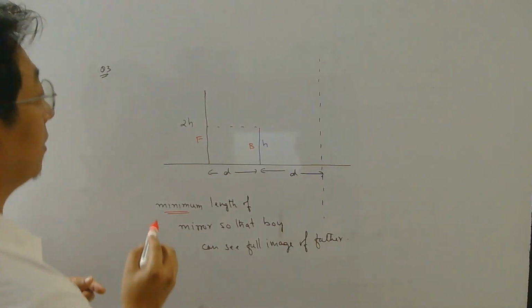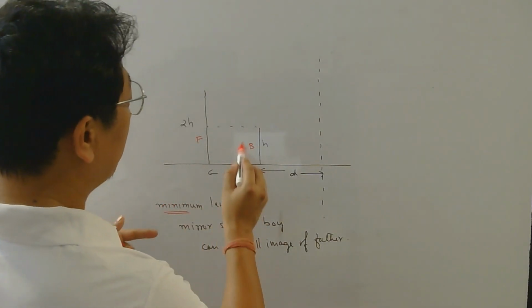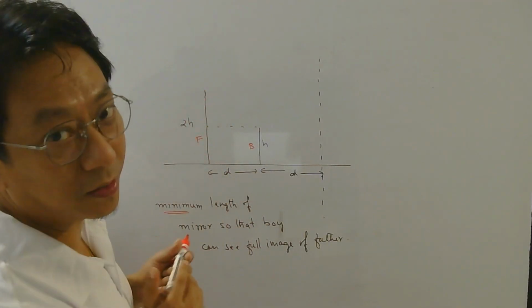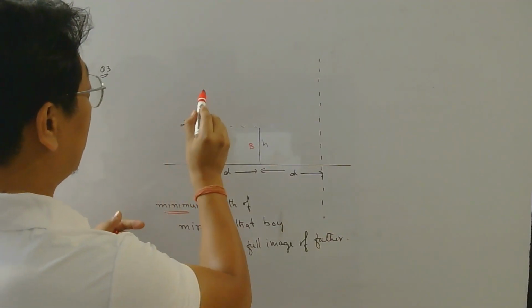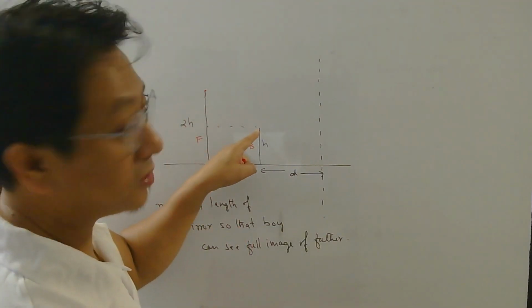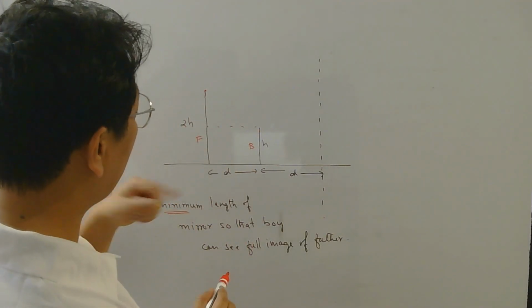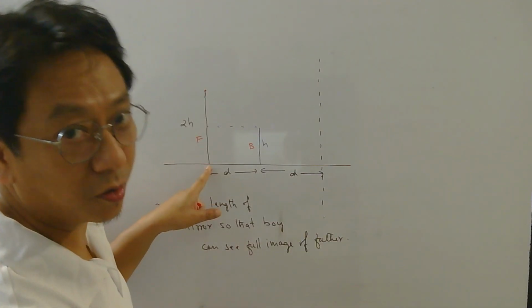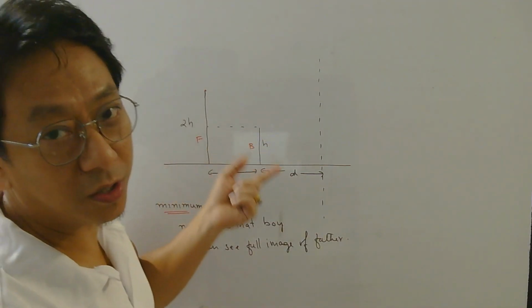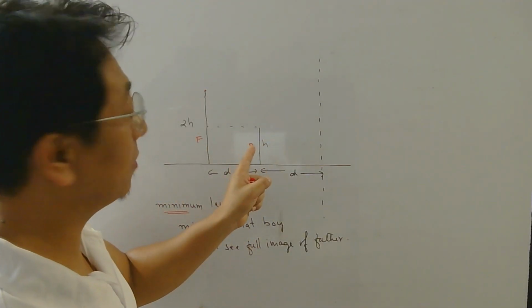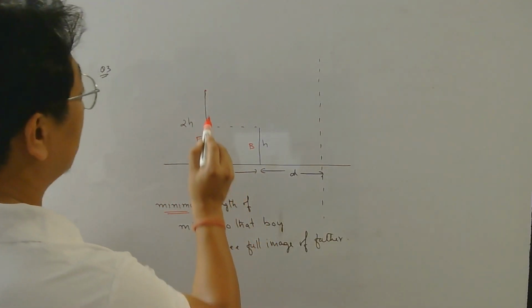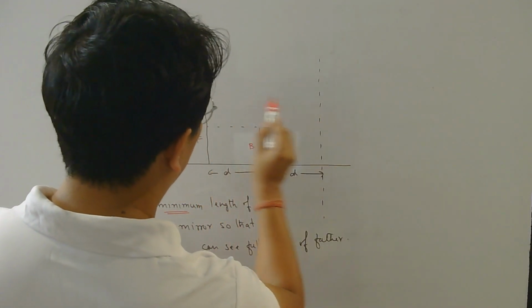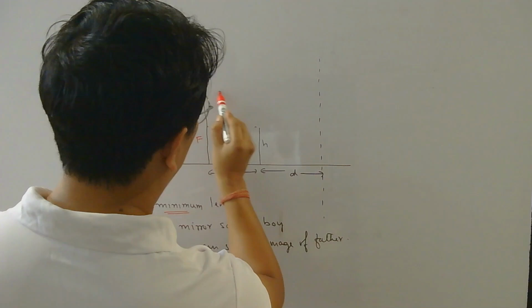Now for the boy to see the image of the father, light from the father's head should reach his eyes, the boy's eyes, and light from the foot of the father should also reach the eye of the boy after reflection. So where should I keep the mirror so that light from here reaches here?